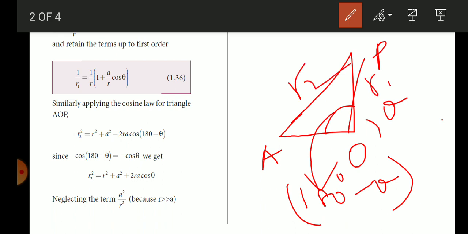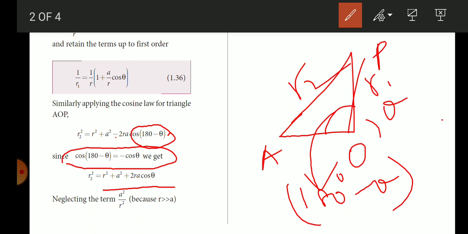In this triangle, r2 square is equal to r square plus a square minus 2ra cos of 180 minus theta. Previously we used theta only, but in this case the angle is 180 minus theta. So cos 180 minus theta is equal to minus cos theta, and minus into minus becomes plus. So r2 square is equal to r square plus a square plus 2ra cos theta.